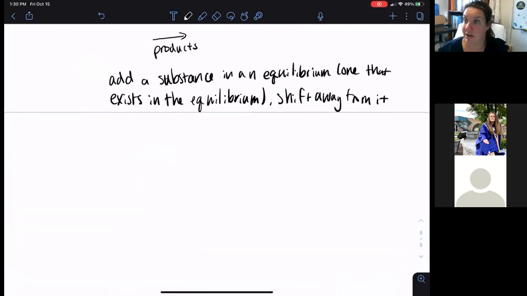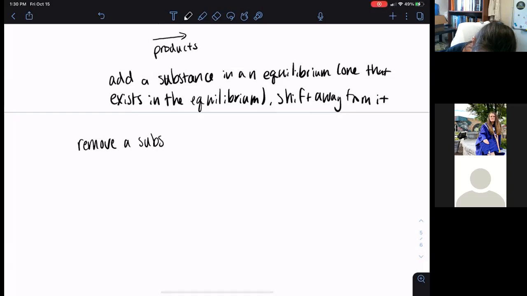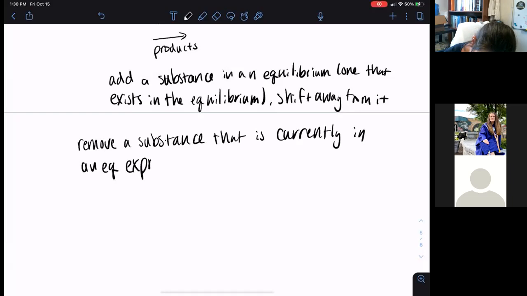Same idea as if we subtract something. I won't do the math this time, but let's say we remove a substance that is currently in an equilibrium. Keep in mind, if we add or subtract something that's not actually part of the equilibrium process, this will not affect the equilibrium.